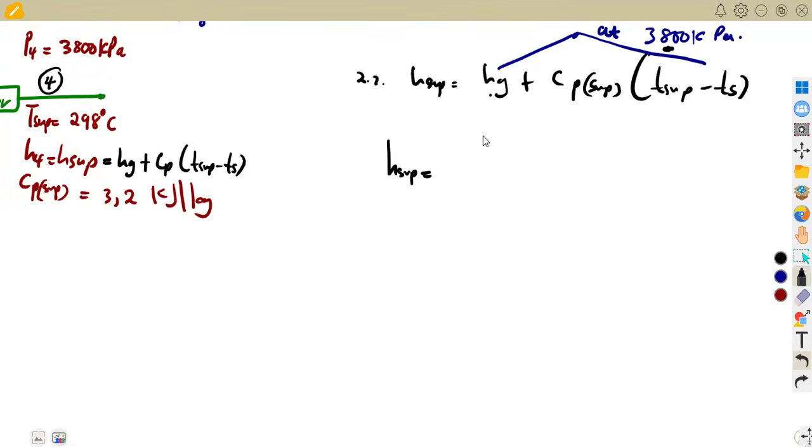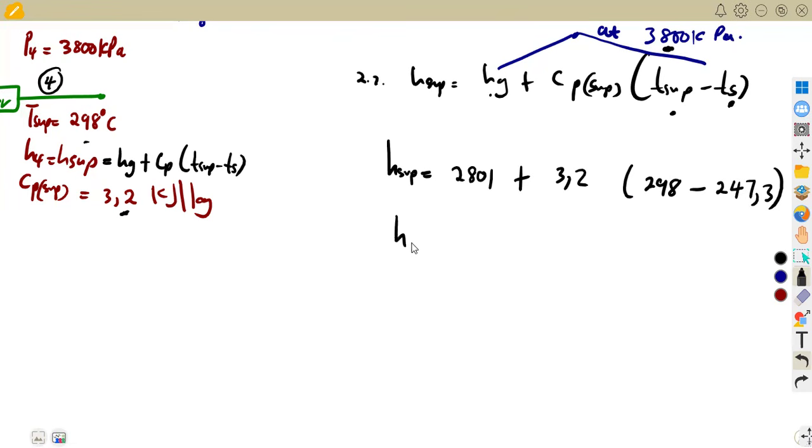So we said Hg there, we saw this, guys, it was 2,801 plus the specific heat capacity here, 3,2. Then T soup is the one that we have here, which is 298. And we saw that Ts, as we took from the table, was 247,3 degrees Celsius. So that means we have got H soup there.